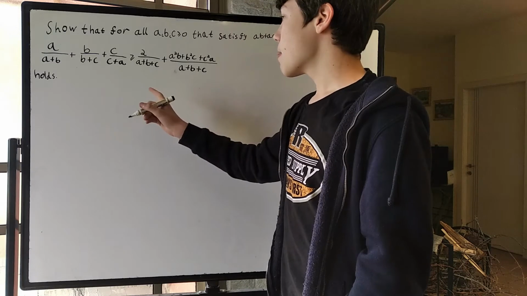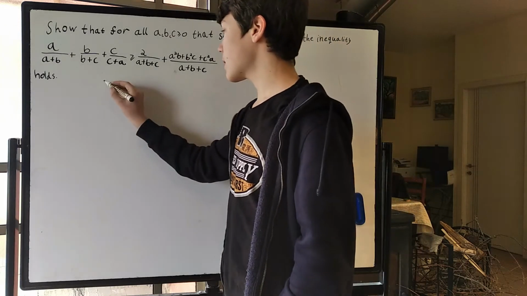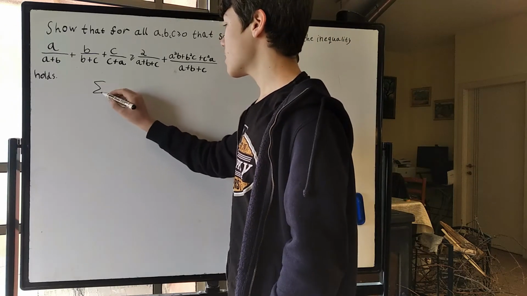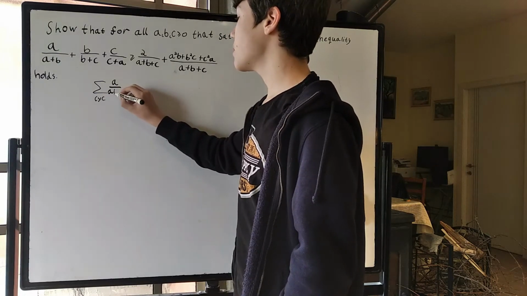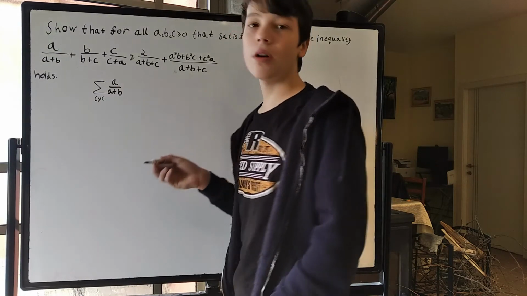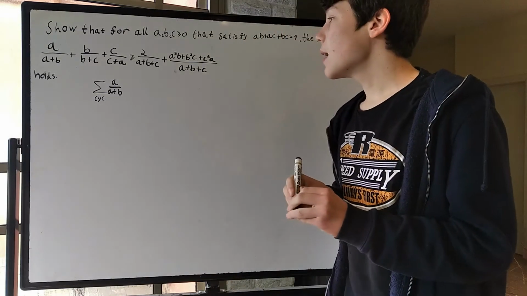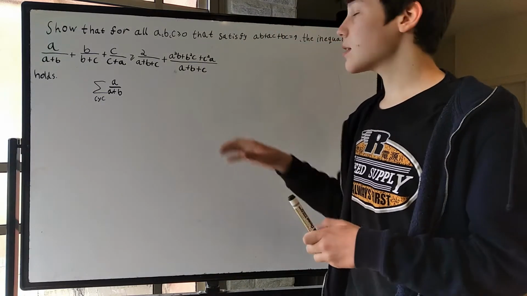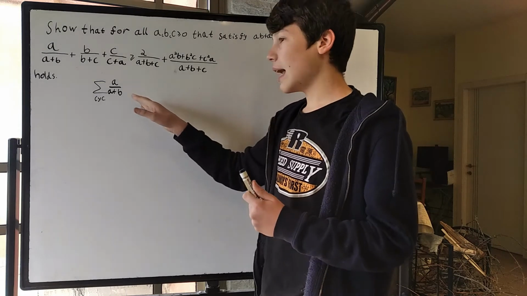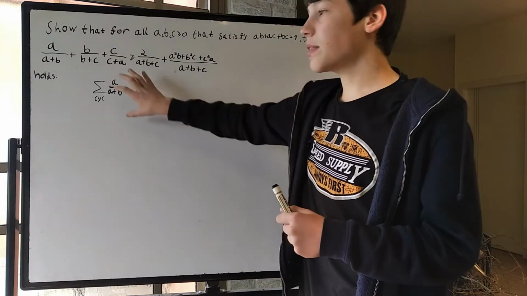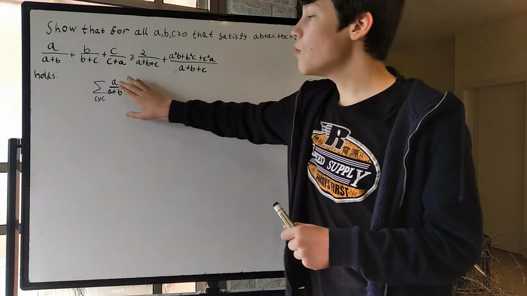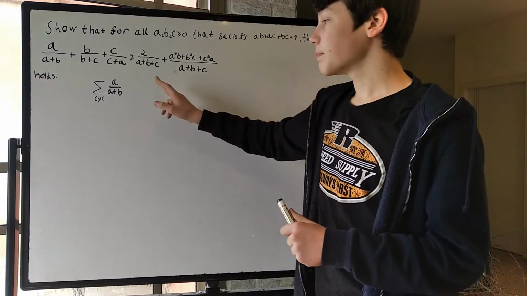So first of all, let's write this as a cyclic sum. So this is the cyclic sum of A over A plus B, and if you don't know what a cyclic sum is, to get the next term, you're moving each one cyclically.